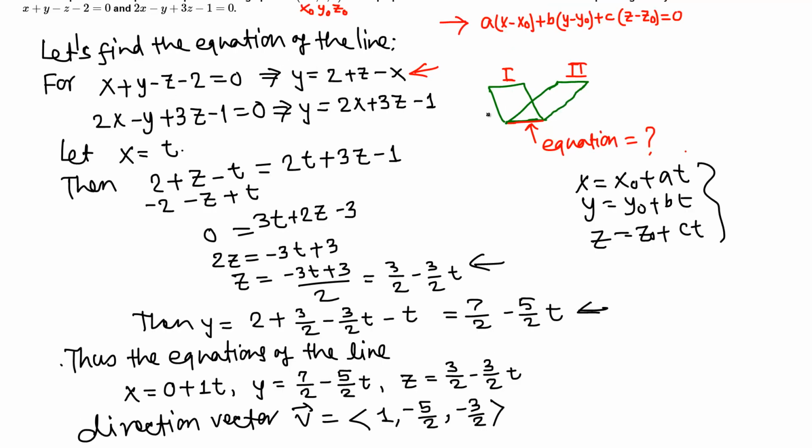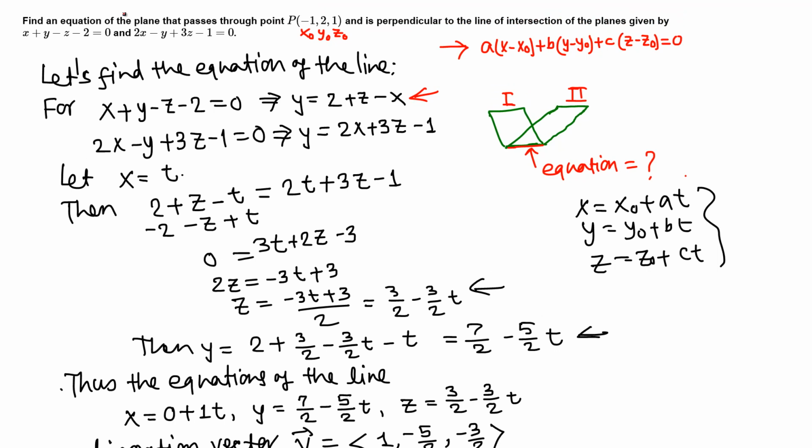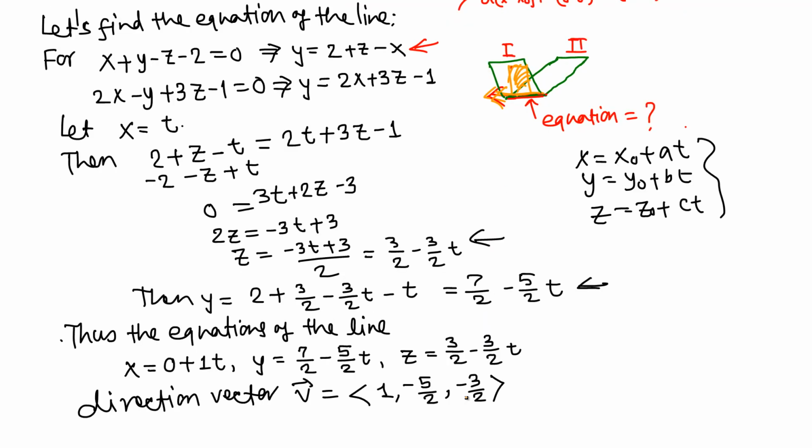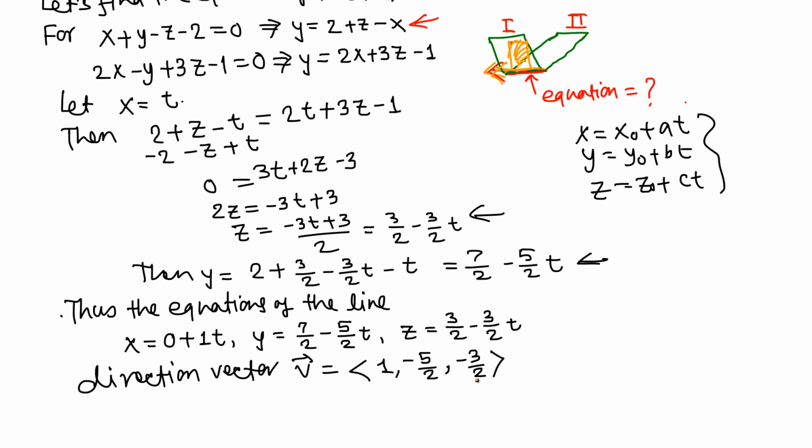And our to-be-determined plane is perpendicular to the line. So this direction vector is in fact normal to the plane, because our plane is perpendicular to the line.